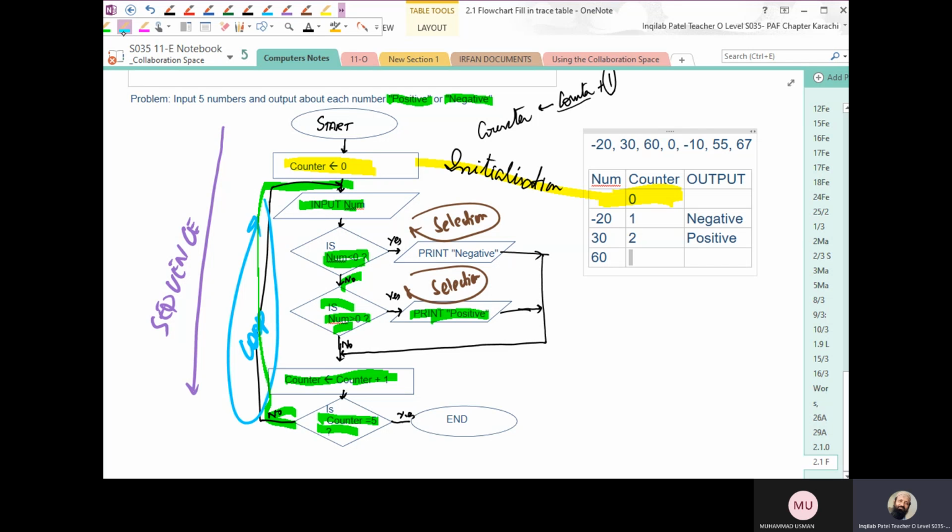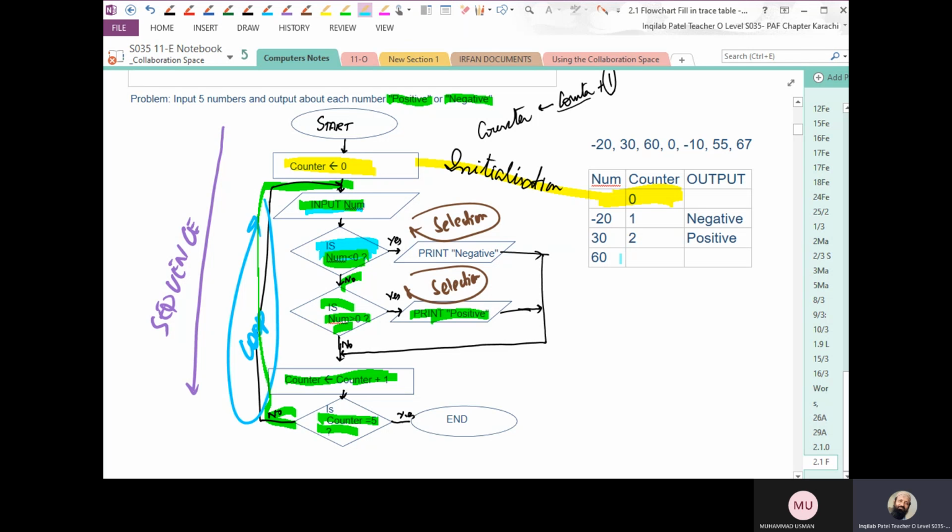Is num lesser than 0? No. Is num greater than 0? Yes. So we will print positive. Then it says counter equals counter plus 1. So it will be 3. Right? Then is counter equals 5? No. Then we will go and input another number.